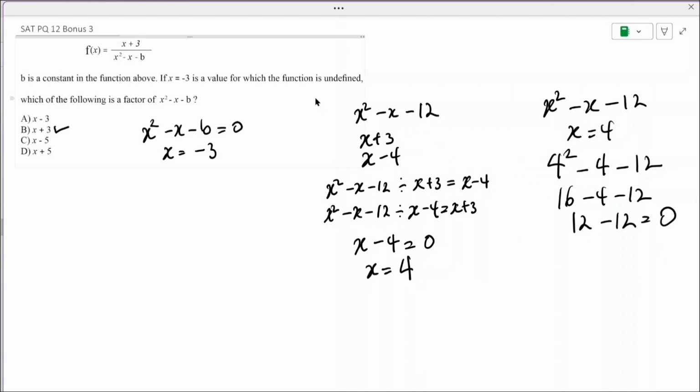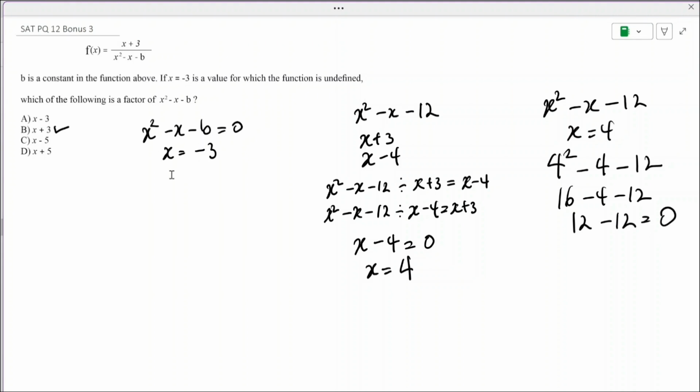Now we go to how it relates to undefined value. The undefined value in this case is when x is -3, the denominator, which is same as the expression we're asked to find the factor of, is 0 if we take x as -3. How this now relates to the undefined value is, the question says the undefined value for this function is x equals -3.